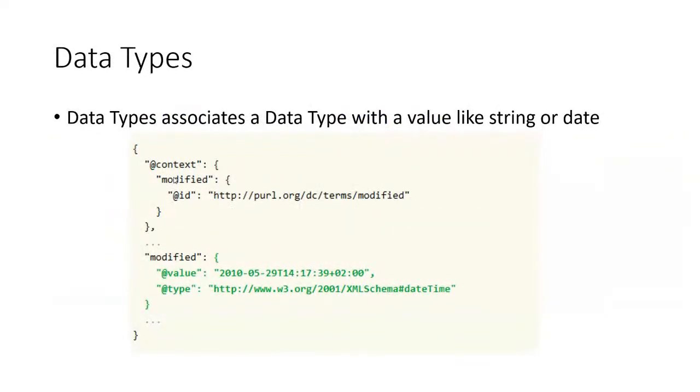If we go in and look at data types, then again, we define what context we're using. So here you can see we have something called modified, and there is an @id again pointing to a public website where the term has been defined.